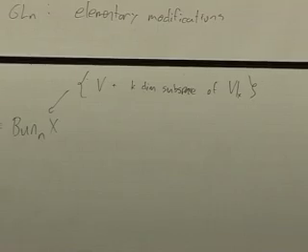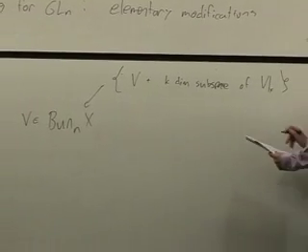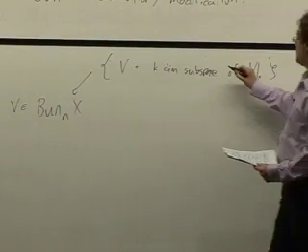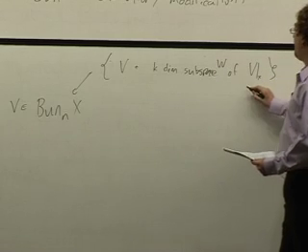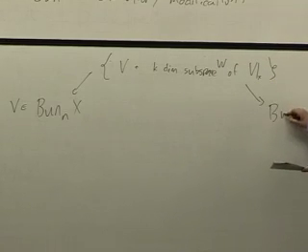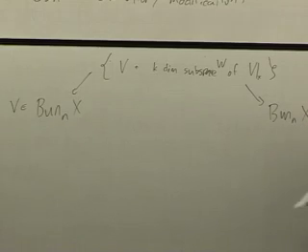I pick a k-dimensional subspace of the fiber V at x, let's call it subspace W, and this again maps to Bun_n. These are the elementary modifications.